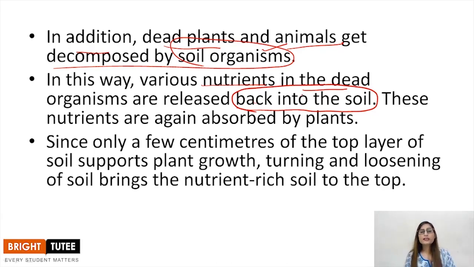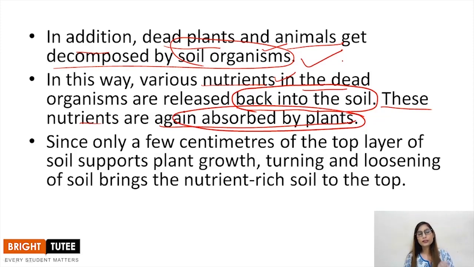So microorganisms help in gaining back the nutrients from the dead plants, right? These nutrients are again absorbed by the plants. So because the soil also needs the nutrients to further give to plants, these organisms help in obtaining nutrients from the dead plants and animals, so that the soil becomes nutritious again, right?